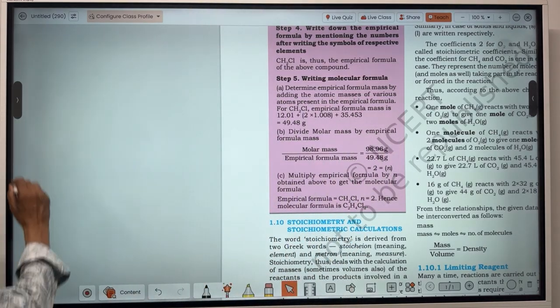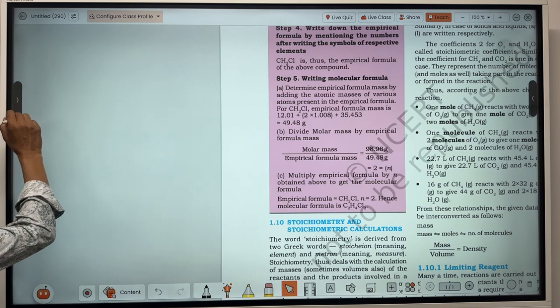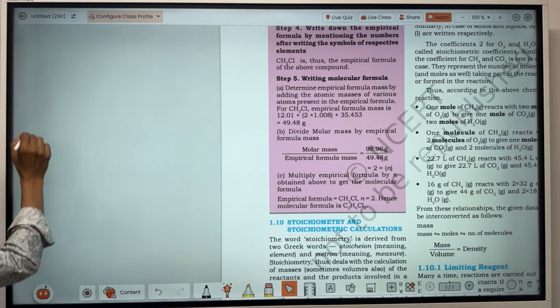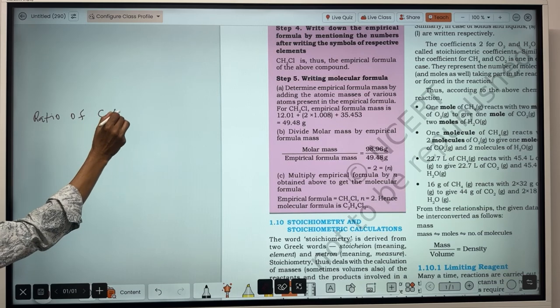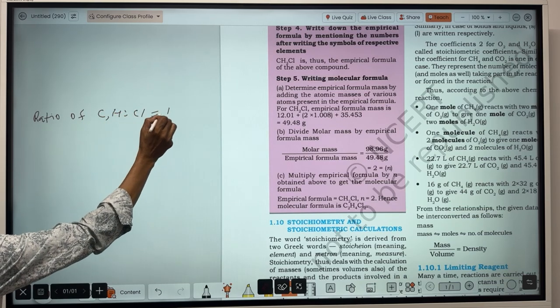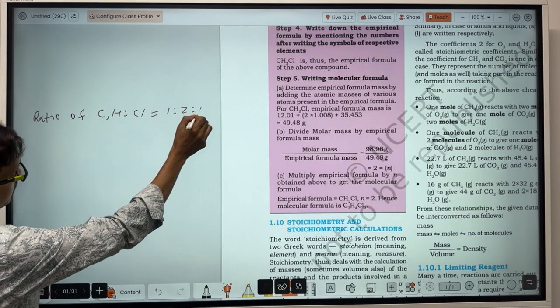Sorry. The empirical formula was the ratio of carbon, hydrogen and chlorine as 1:2:1.